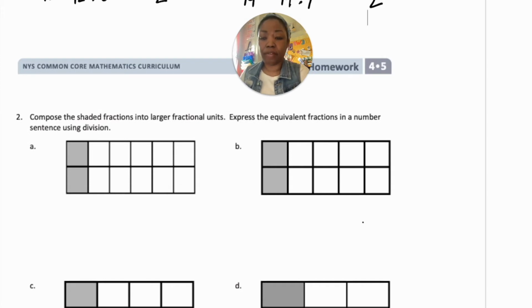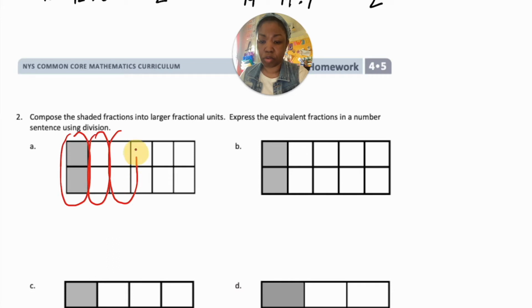Compose the shaded fractions into larger fractional units. Express the equivalent fractions in a number sentence using division. So for A, I'm going to make groups of 2. And again, we are composing here. I have 2 shaded out of 2, 4, 6, 8, 10, 12.